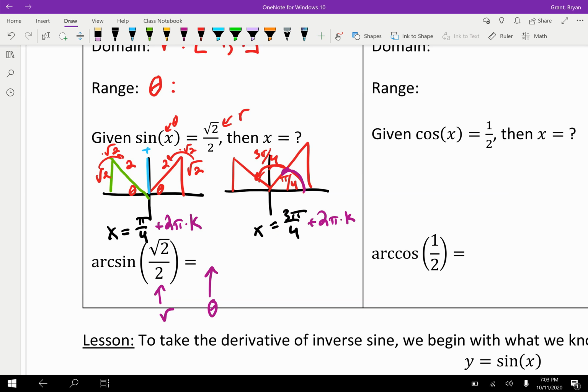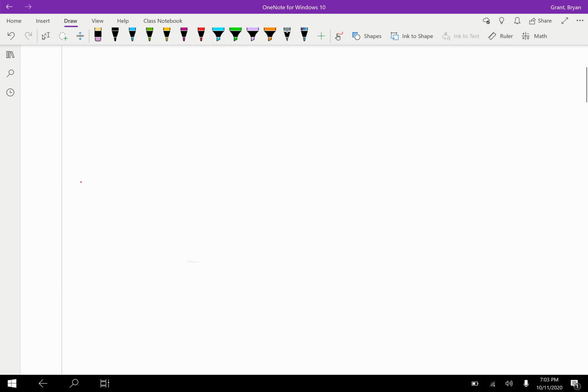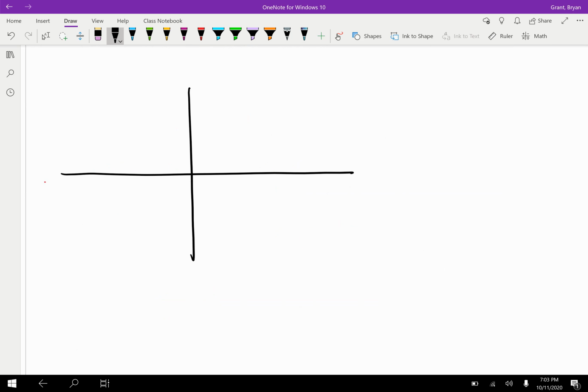Well, this is where we get to our range restrictions for our inverse trig functions. So I'm just going to draw it quickly over here. If you don't have this, you can always find it on the internet. It's listed pretty much everywhere. We need to know that if this is pi over 2, this is negative pi over 2, and this is 0 radians, right? We can rotate positive pi over 2 or negative pi over 2, and I'm going to label this as pi.